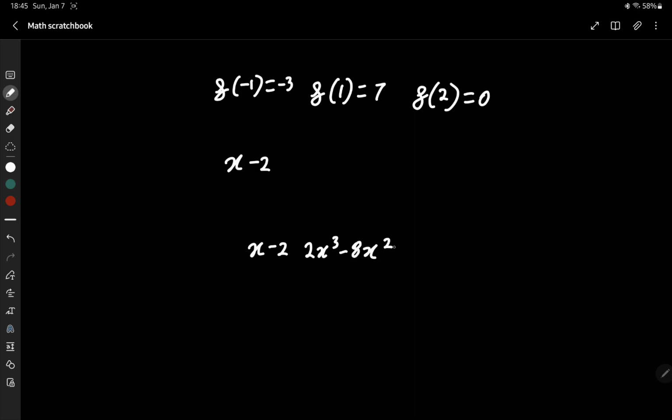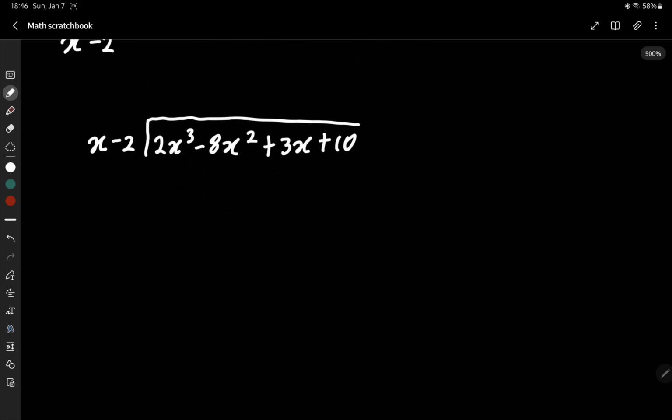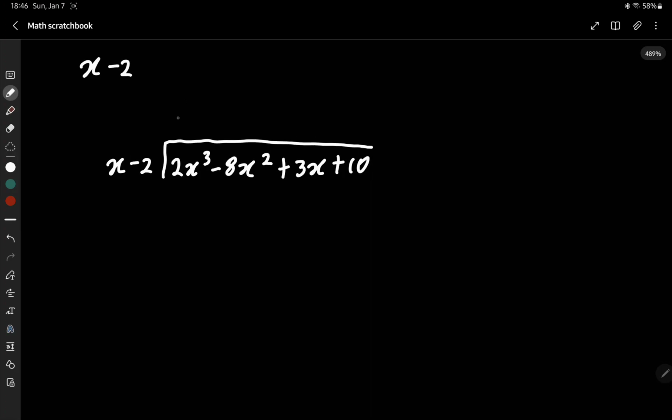So if we just plug all this in, the first thing we want to do is get an x squared expression up here, because if we get x squared and we multiply it by x here, we get an x cubed. And so that's simply 2x squared, because 2x cubed divided by x is that.